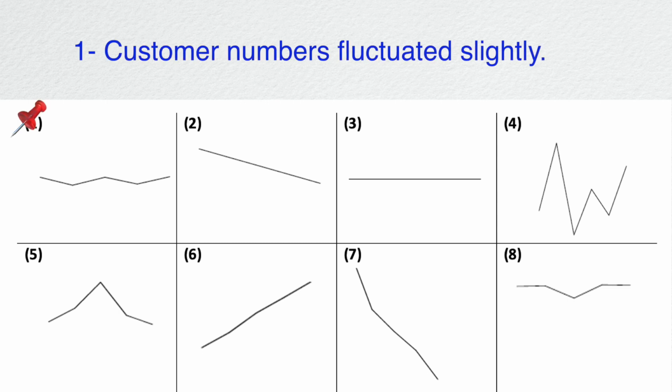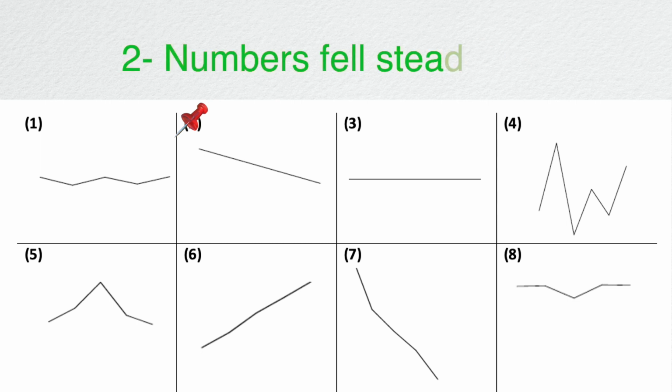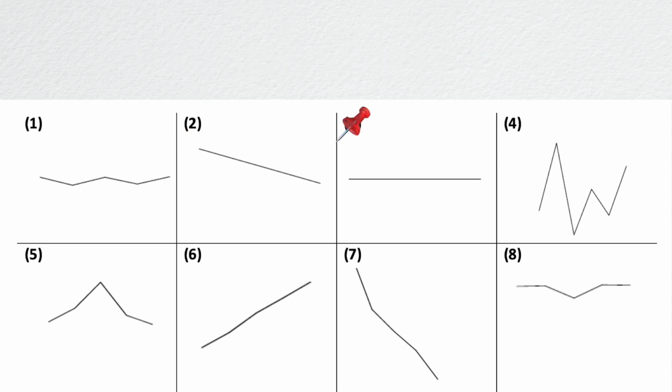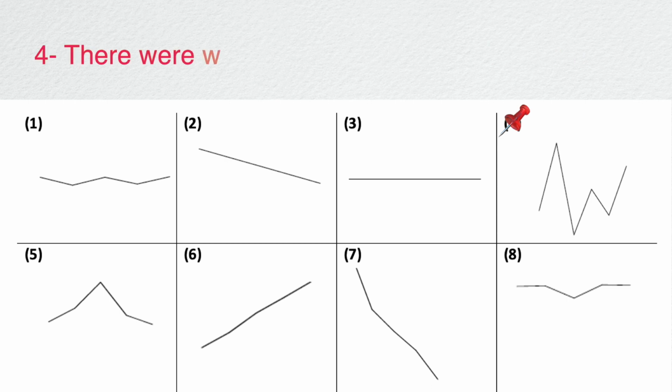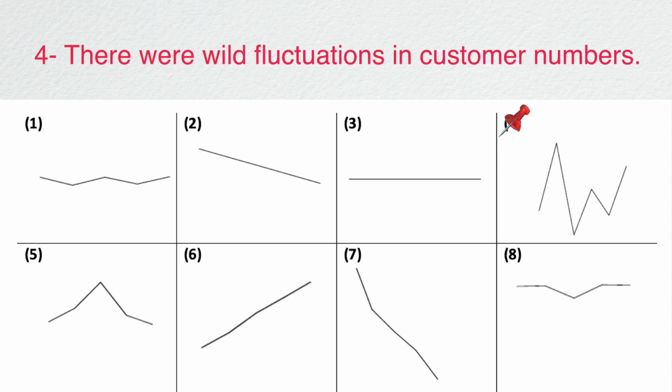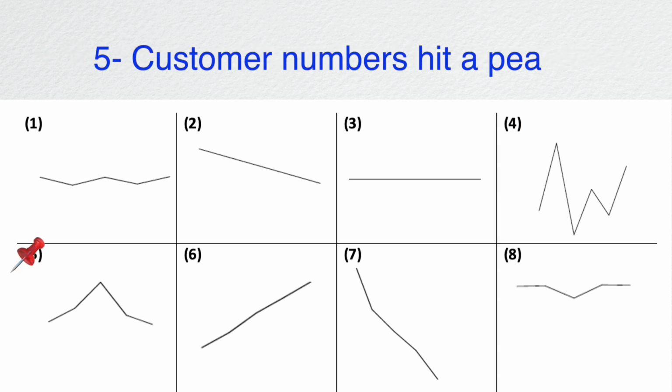1. Customer numbers fluctuated slightly. 2. Numbers fell steadily. 3. Customer numbers leveled out. 4. There were wild fluctuations in customer numbers. 5.